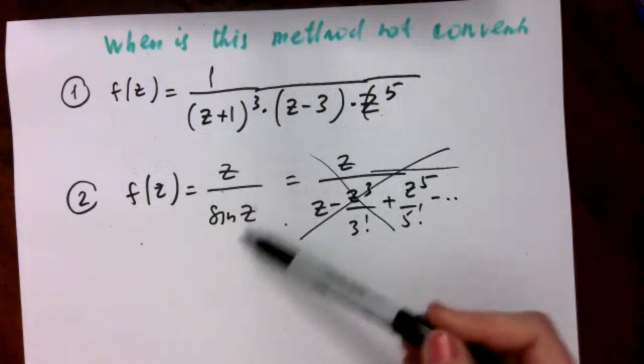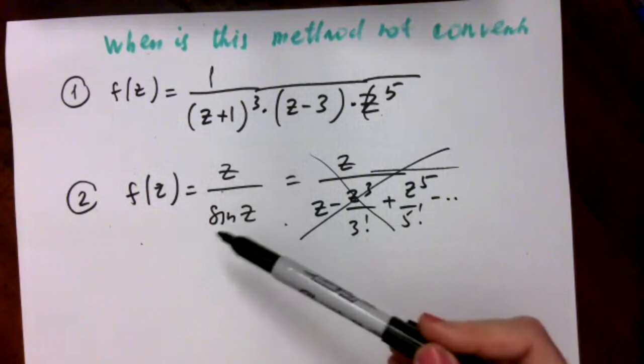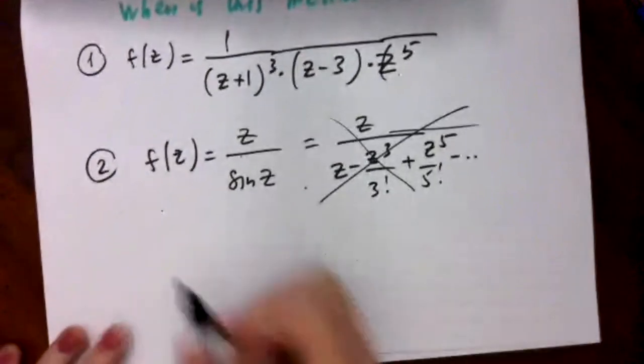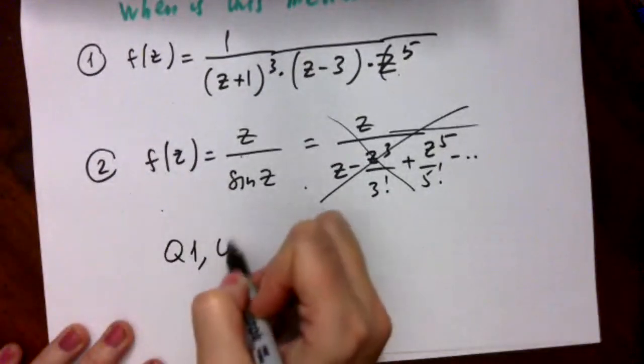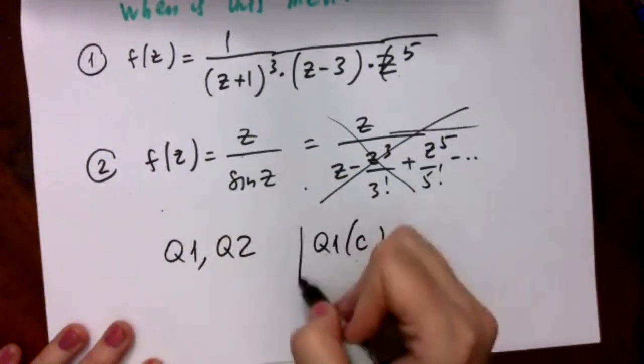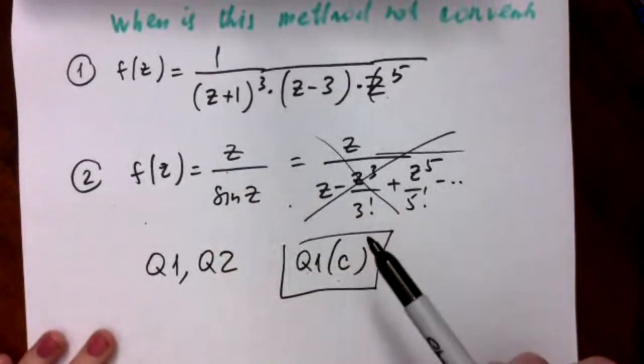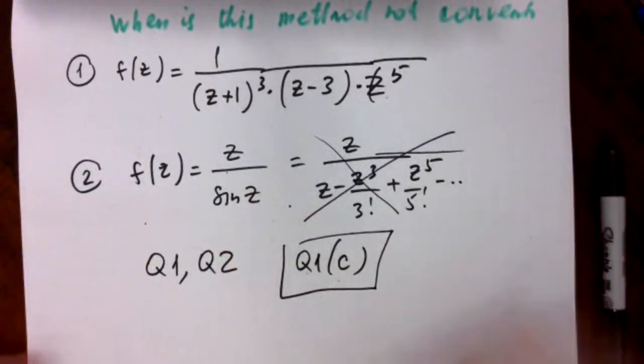And sometimes it seems impossible. Maybe there are some ways, but we are not going to discuss them. It seems to be too complicated. By the way, among your questions 1 and 2 from tutorials, there is only one, I suppose it's question 1c, which is impossible to be done by applying this method. So bear it in mind.